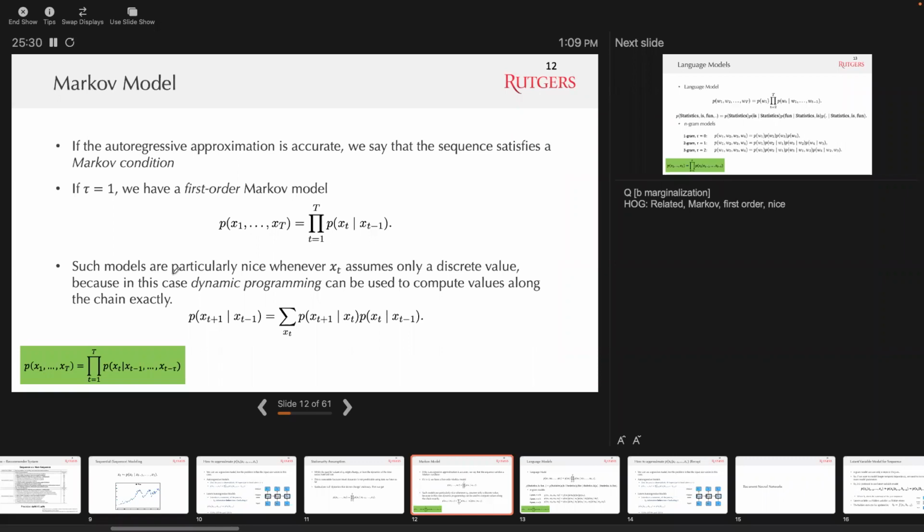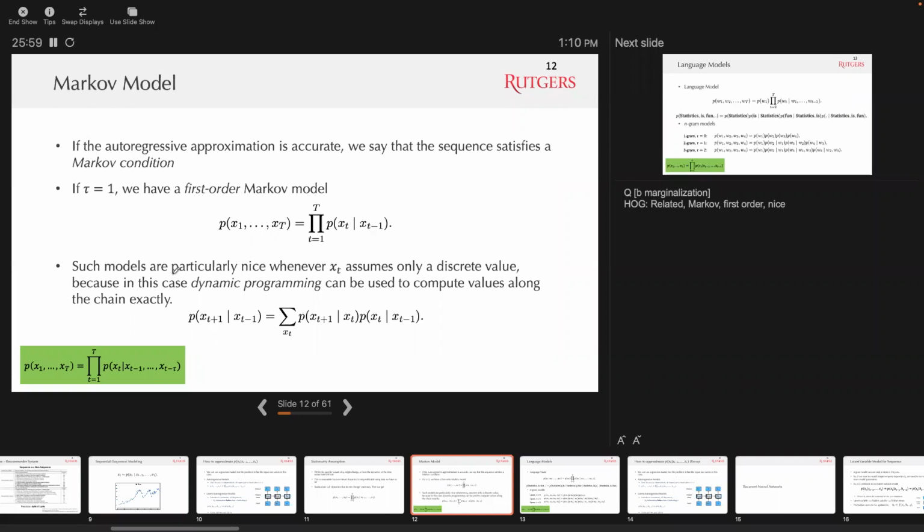The first term would be p of xt given x_{t-1}, and the second term would be p of x_{t+1} given xt and x_{t-1}.